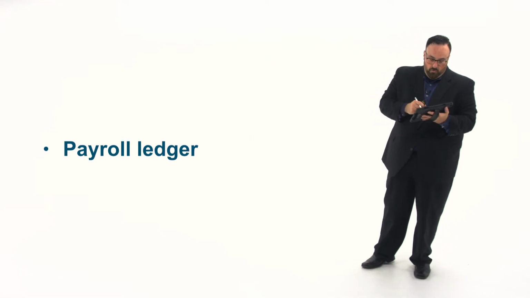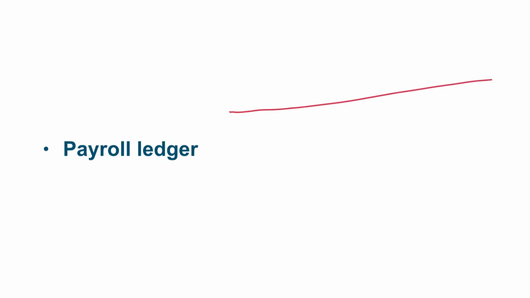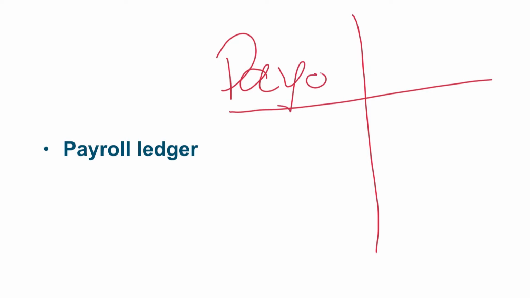Let's demonstrate a payroll ledger. Simple T account. We're paying out. Now, as you'll see, one side is going to be a positive number. That's a lot of times what you're taking in. What you're paying out will be on the other.